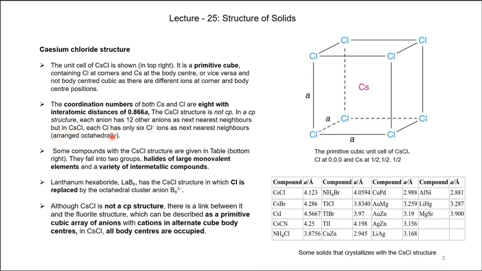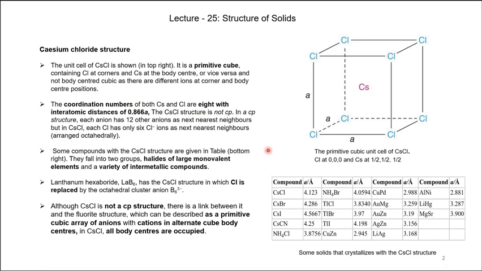We have many different types of compounds we can identify as cesium chloride type structure, and they fall in 2 groups. One, the halides of large monovalent elements. Monovalent means that the oxidation state of the cation is +1.